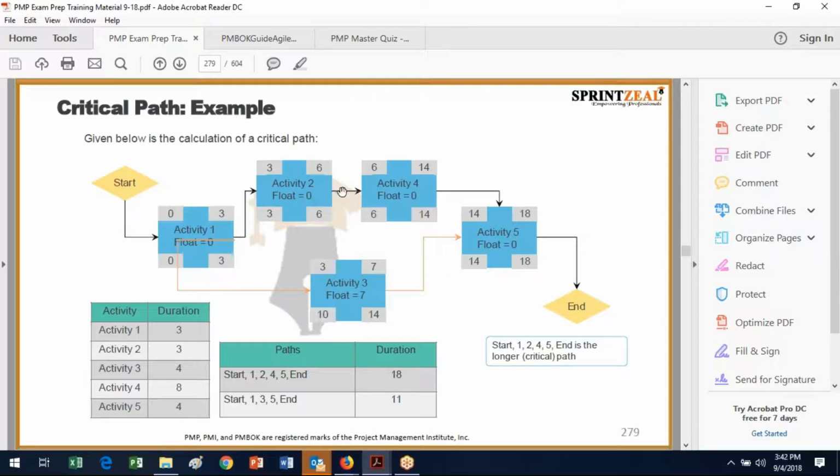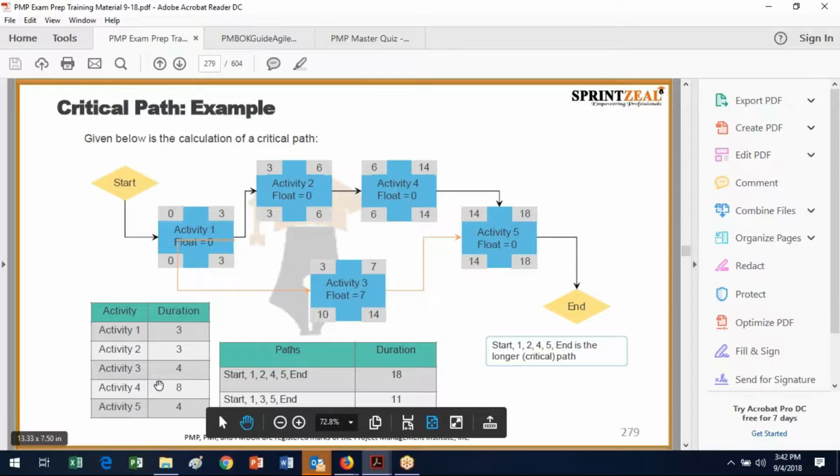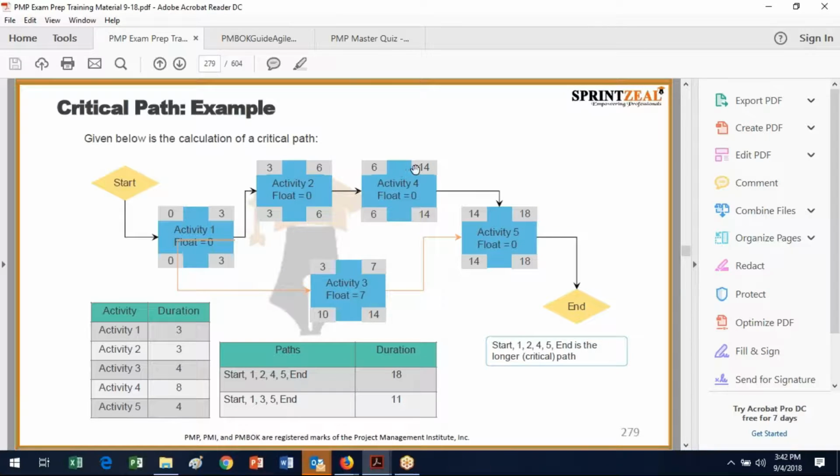Then that carries across to day 6, to activity 4. We're assuming all these are finish to start because there's no other indication on the arrows. Activity 4 has a duration of 8, so 6 plus 8 is 14.